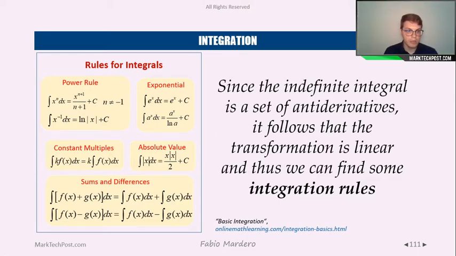But note that, for example, we don't have particular integration rules for the quotient, the product, the composition. That's not obvious as in the differentiation part. In fact, indefinite integration involves a little bit more thinking. It's not just an automatic computation.